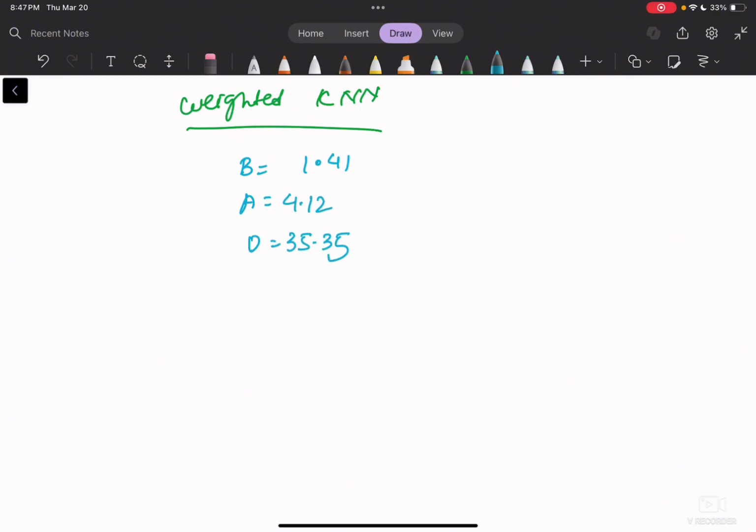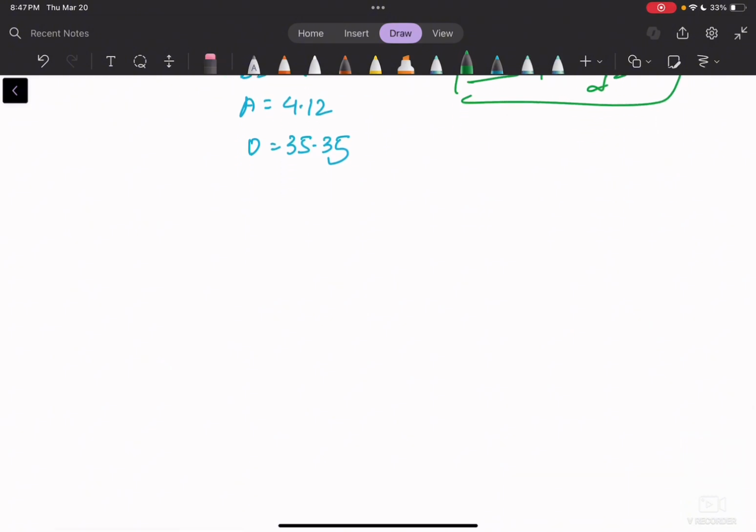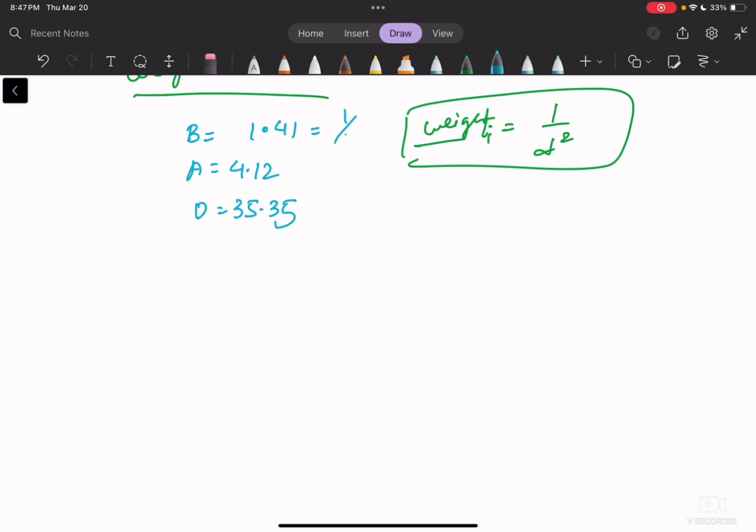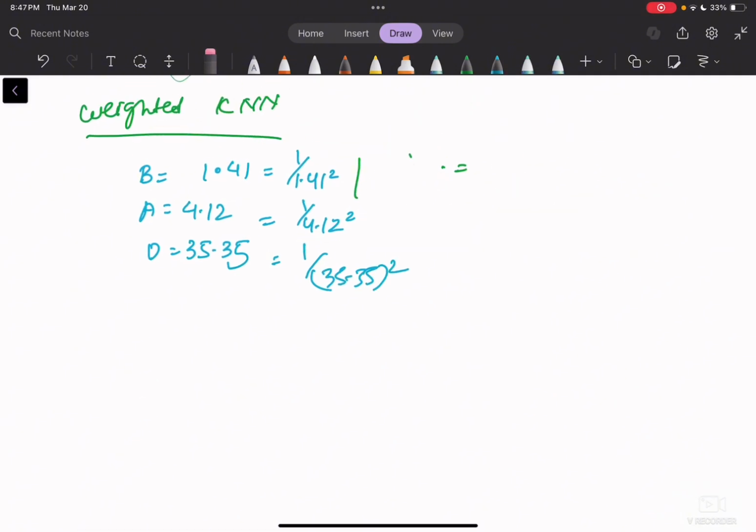Instead of each neighbor voting equally, we can assign weights such that maybe let's say weight i equals 1 by d squared. Okay, we assign the weight. So for B, that would be 1 by 1.41 squared, 1 by 35.35 squared.